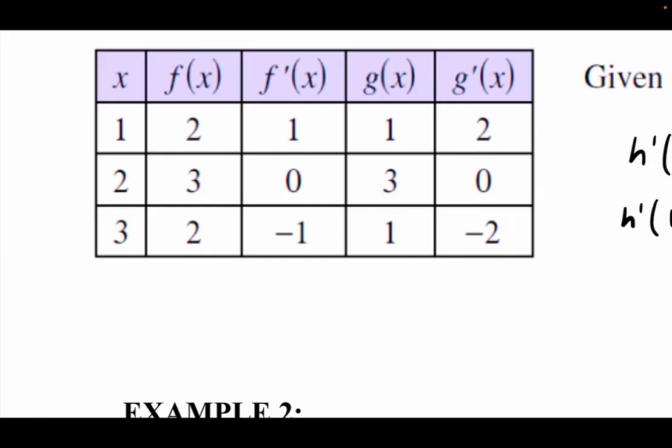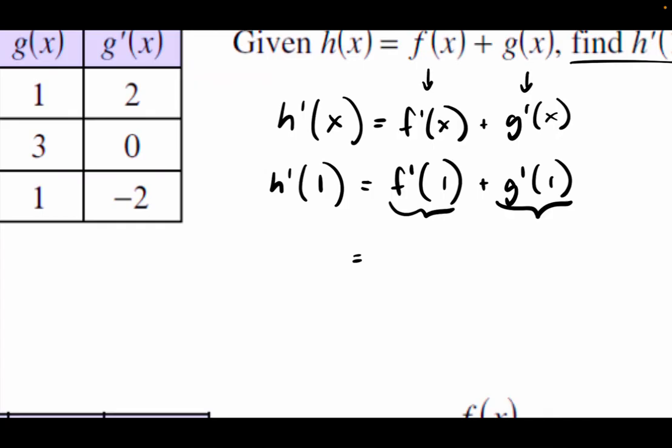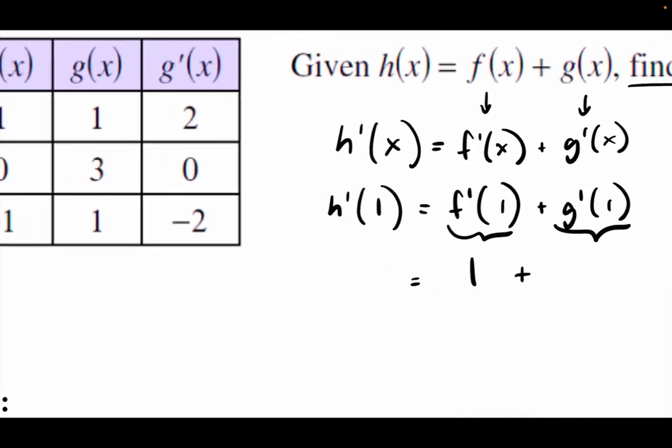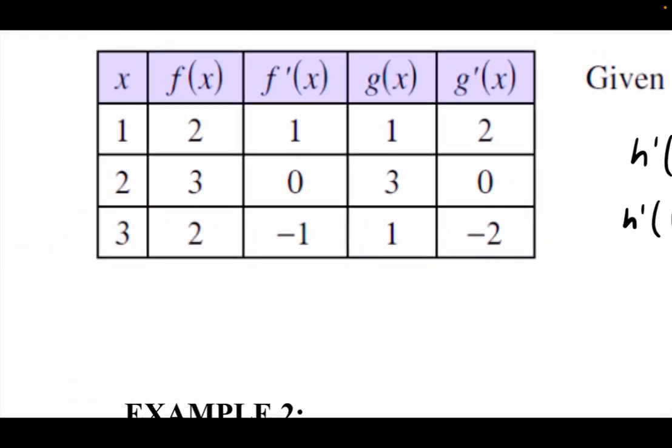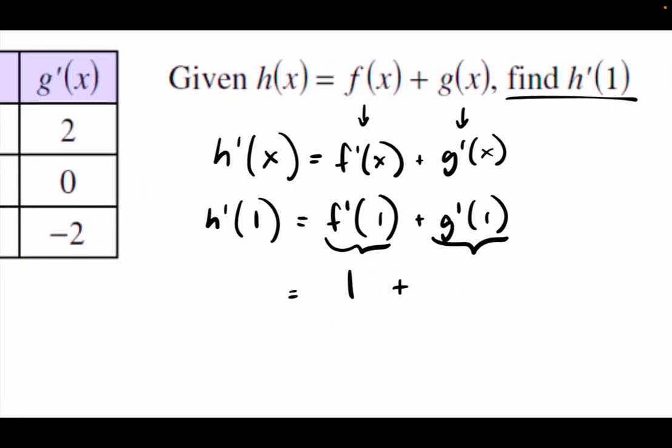So f prime of 1 is 1, plus g prime of 1. You go to the third column. When x is 1, you get positive 2. So that means h prime of 1 is positive 3.